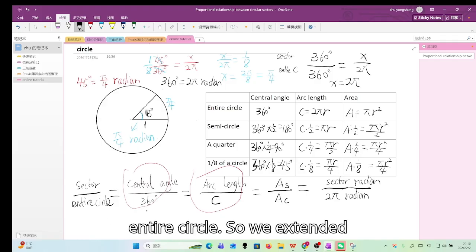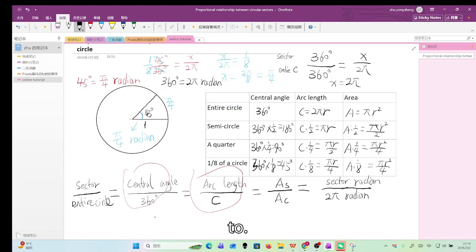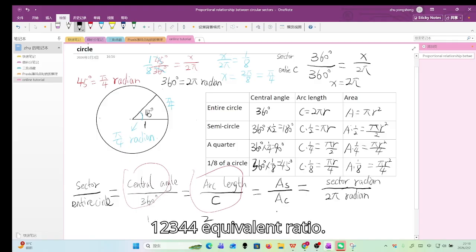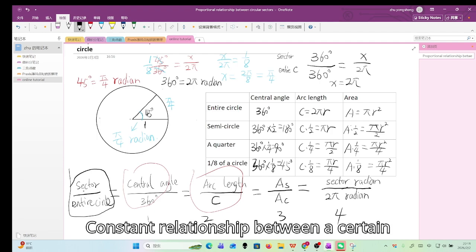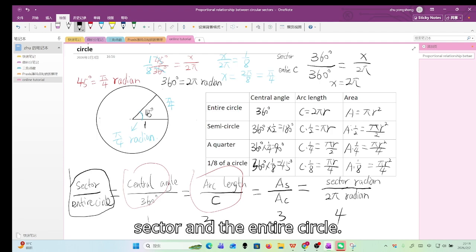So we extended this proportion to 4 equivalent ratios. These 4 equivalent ratios illustrate the same constant relationship between a certain sector and the entire circle.